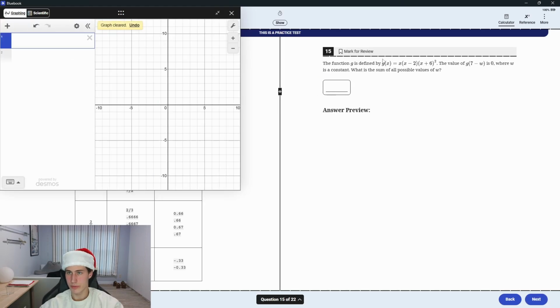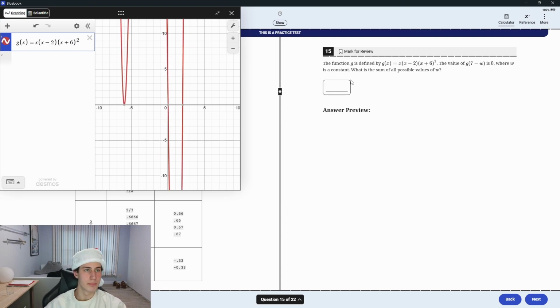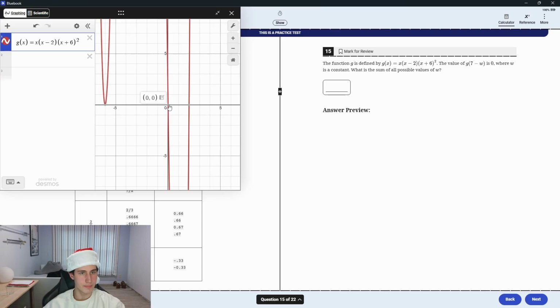The function g is defined by this. The value of g times 7 minus w is 0, where w is a constant. What is the sum of all these possible values? Alright, so this is going to be a tricky one, but let's get through it. So let's start by graphing the equation. Squared. Perfect.